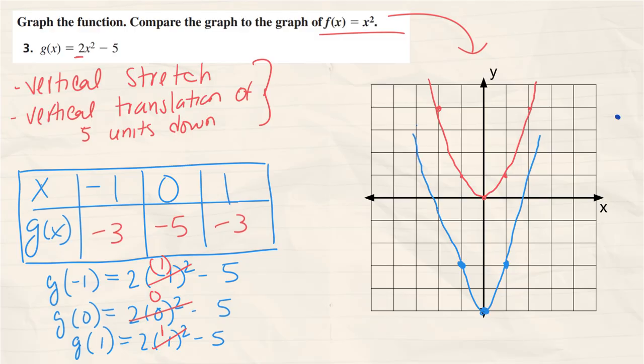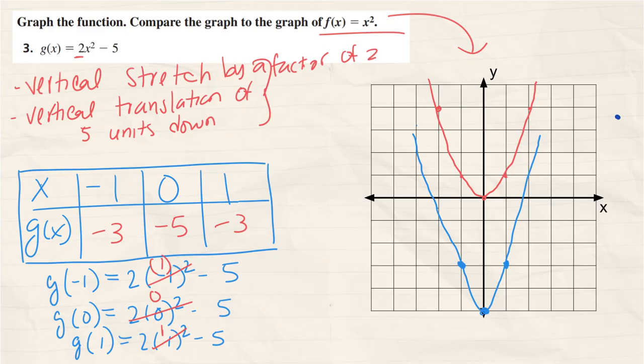Okay, so I know that I have a vertical stretch by a factor of 2, correct? I have a vertical translation of 5 units down.